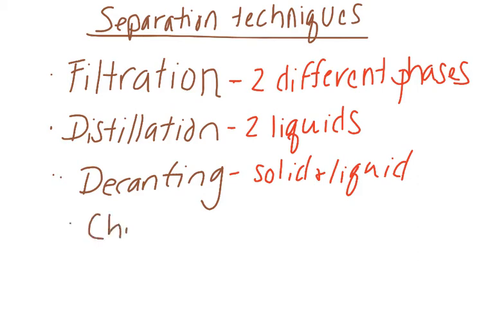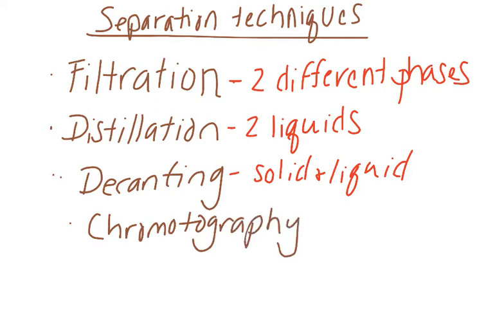The last technique that we'll talk about is chromatography, and chromatography is a very, very broad type of separation technique. We use it with all different kinds of things, and there's a lot of different applications of chromatography. Maybe you've heard of TLC, maybe you've heard of HPLC, a lot of separation techniques that end with LC stand for liquid chromatography. So this is something that is used all of the time in analysis.